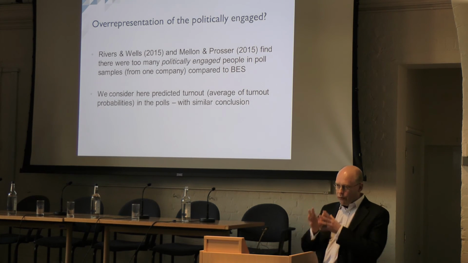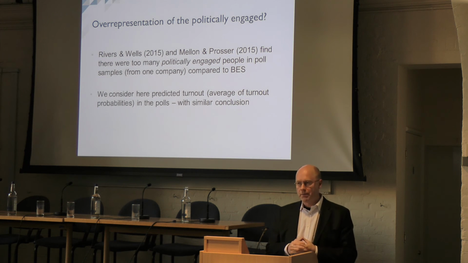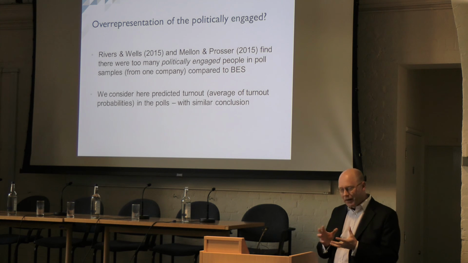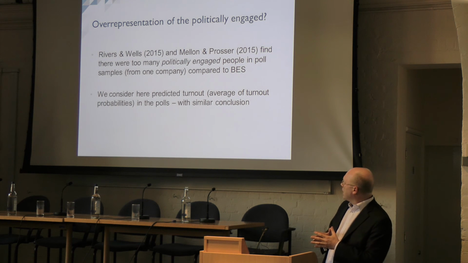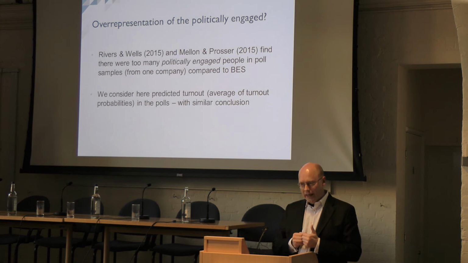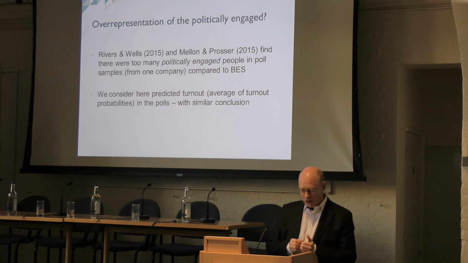Among other things, they focused on political engagement, individuals' political interest. And what they concluded is that the samples in the polls look to have been too politically engaged, including too many people who are one way or another politically engaged.